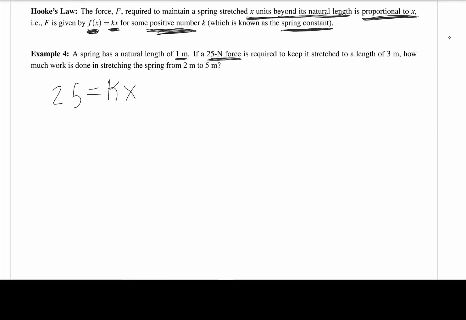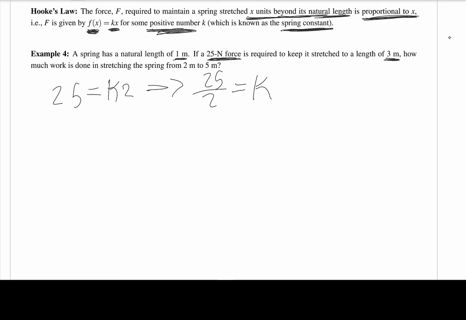So if it has a natural length of 1 meter and it's being stretched to 3 meters, then that means we have a stretch of 2 meters, right? We're taking it from 1 meter of length to 3 meters of length, which means I've stretched it 2 meters. So this x is going to be equal to 2. Well, then that tells me that 25 over 2 is our spring constant.